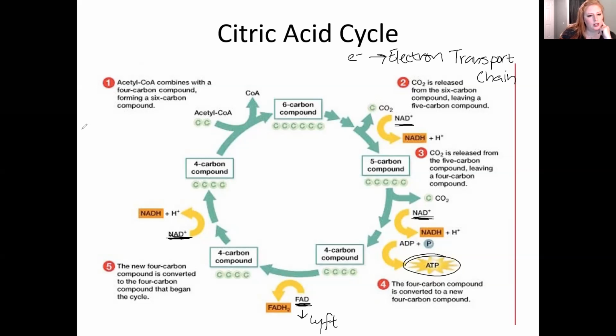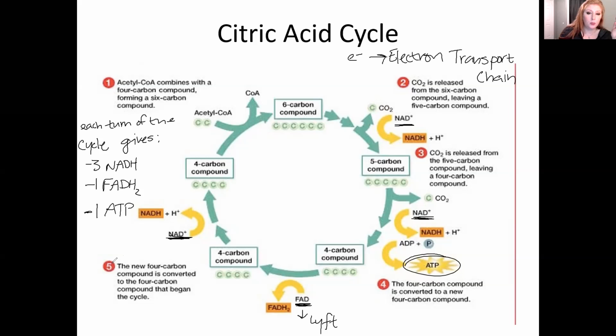So each turn of the citric acid cycle yields 3 NADH, 1, 2, 3. We get 1 FADH2, and we get 1 ATP. Okay? So that's per turn.